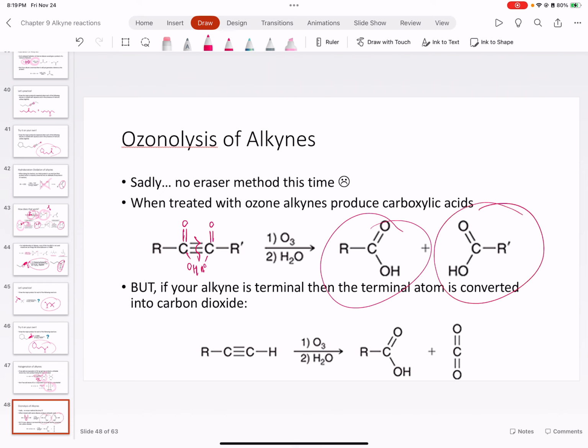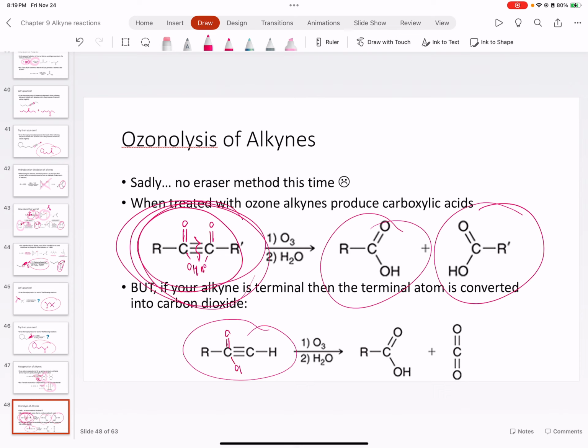But keep in mind, this is an in-between alkyne. If it's terminal, we are still going to get a carboxylic acid on one side, but on the other side we're going to get carbon dioxide. So keep that in mind.